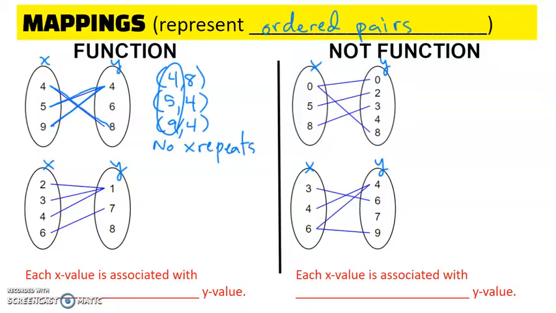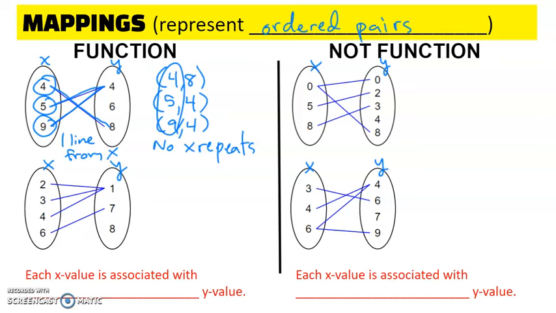But another way to see this in our mappings is every one of these only had one line coming from the x values, okay? That's a big clue with mappings that, oh, the x only has one y, because remember, the line connects it to the other value.